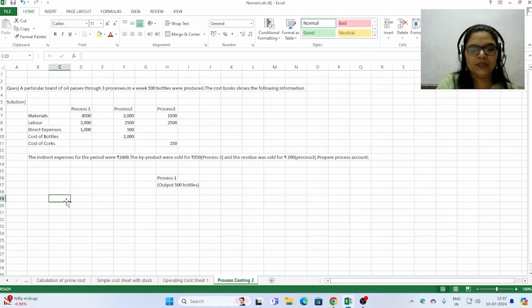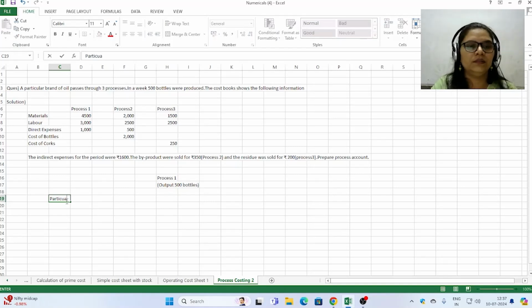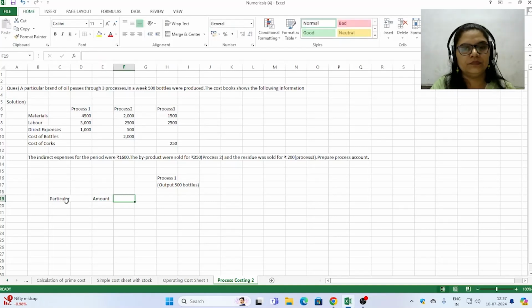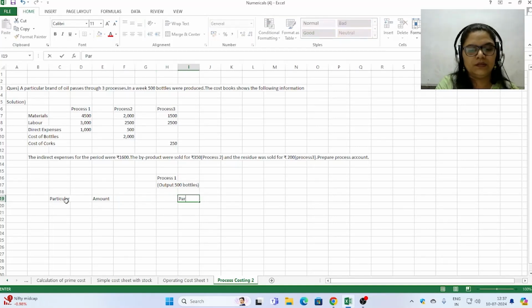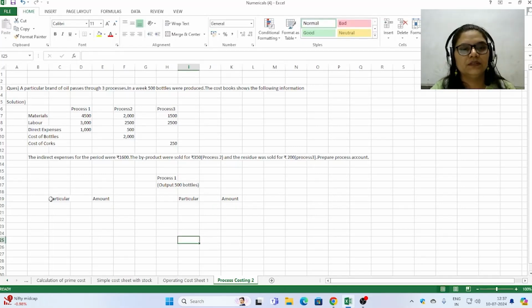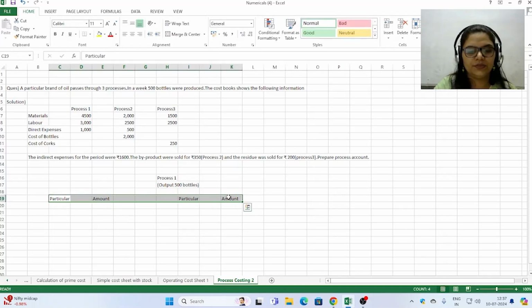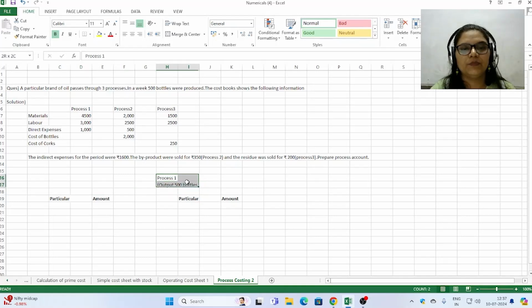So as usual, we will study the format, particular tab, it is amount. This is process 1. Control B. We have process 1.